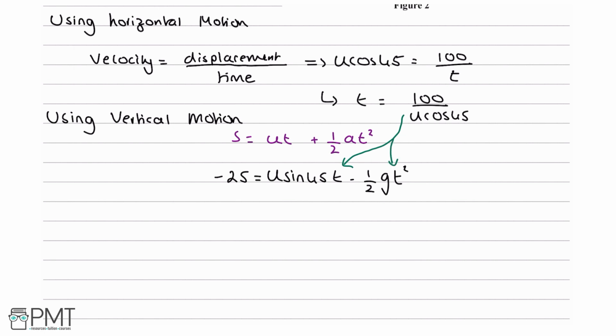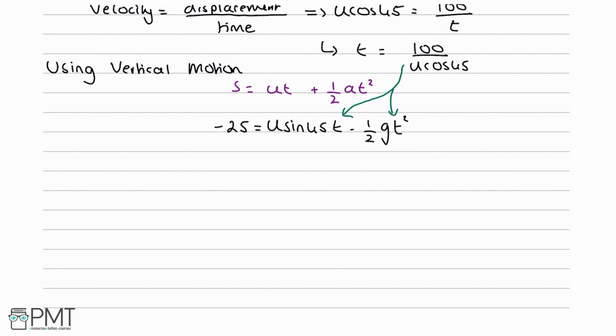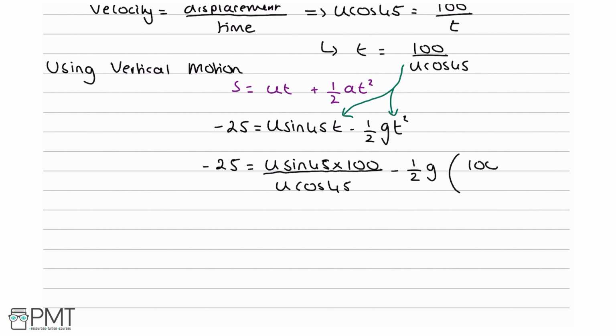What we'll end up with is minus 25 equals u sine 45 times 100 over u cosine 45 minus half g, and then t squared is 100 over u cosine 45, squared, okay?